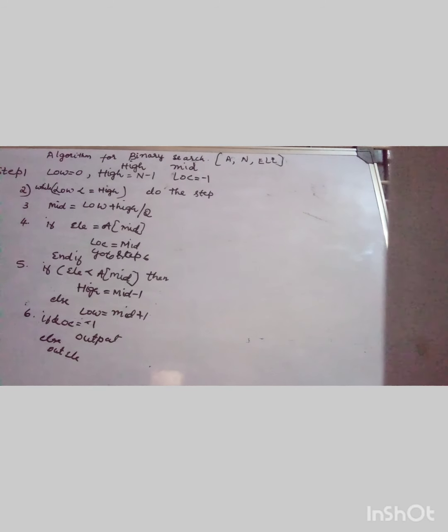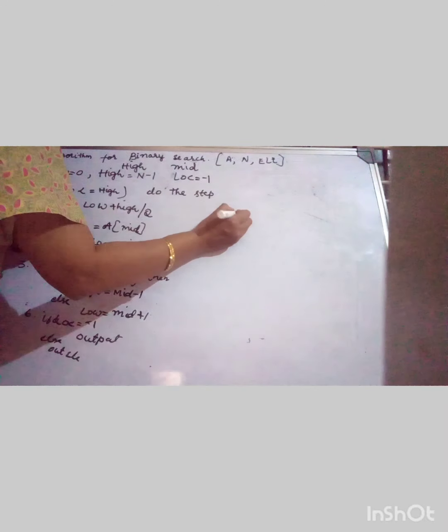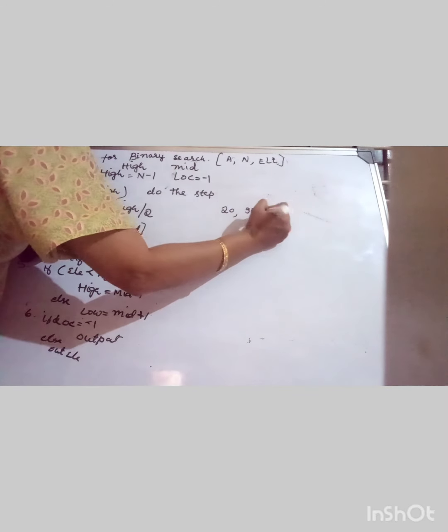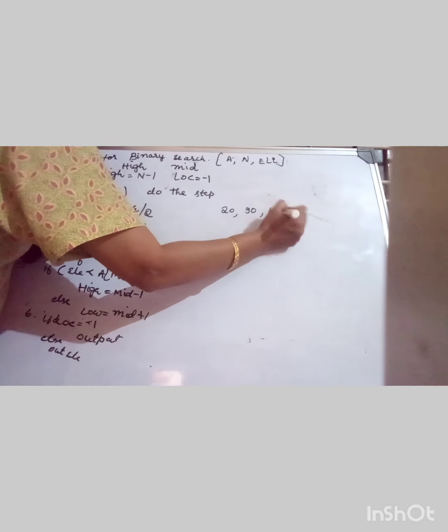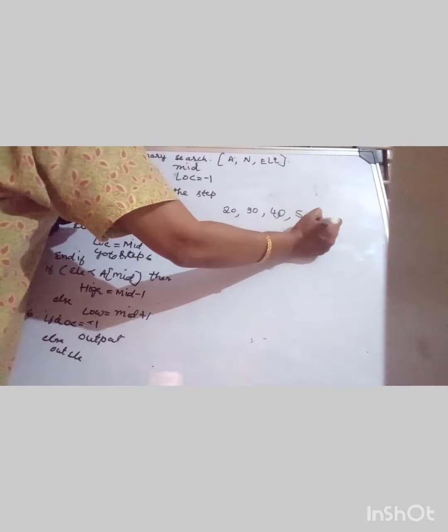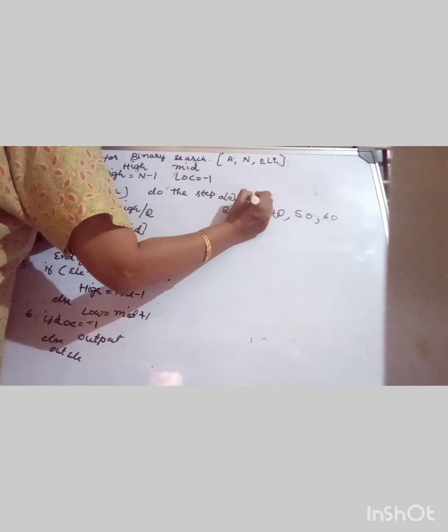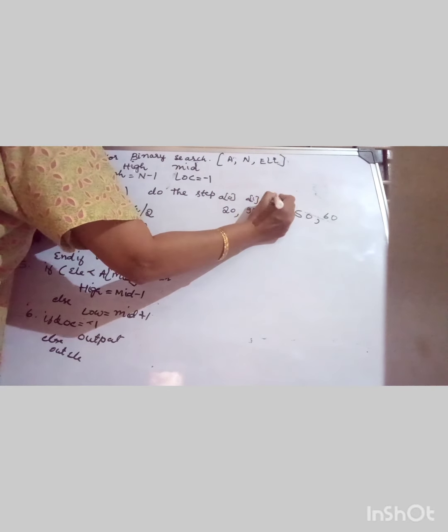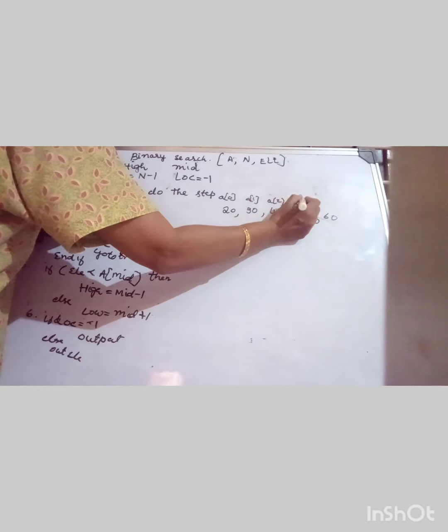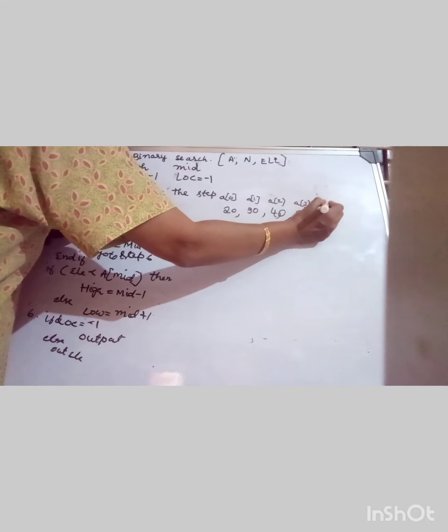I will tell once again. Suppose we are having 20, 30, 40, 50, 60. Since the elements have been arranged in ascending order, this is A of 0, this is A of 1, A of 2, A of 3, A of 4.